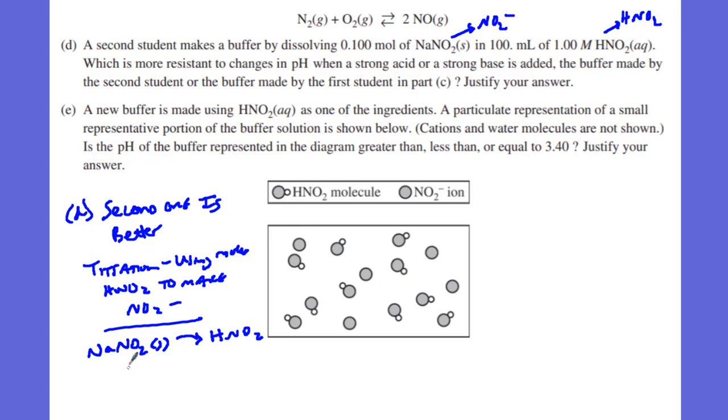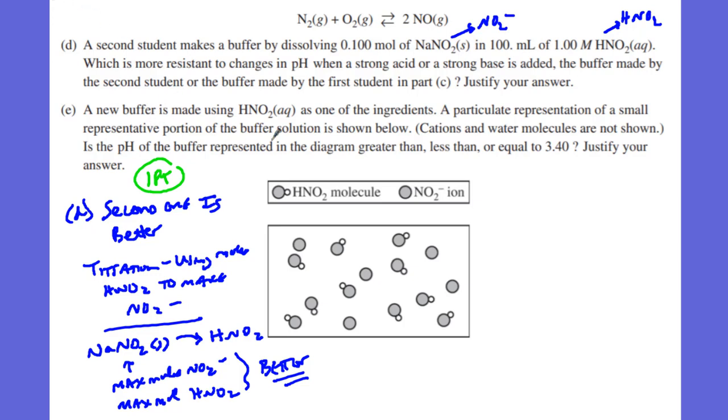You still have the maximum moles of the NO2 minus. You have the maximum moles of the HNO2, which means this is better at resisting pH changes. You're able to resist acids and bases. Okay, so you get 1 point for that discussion.